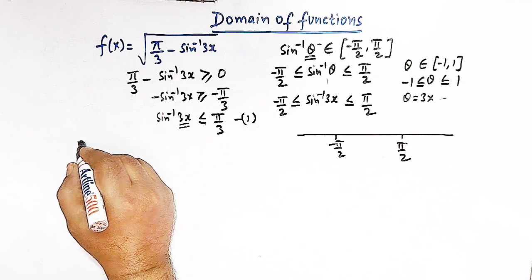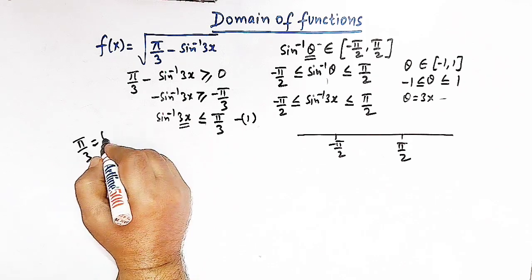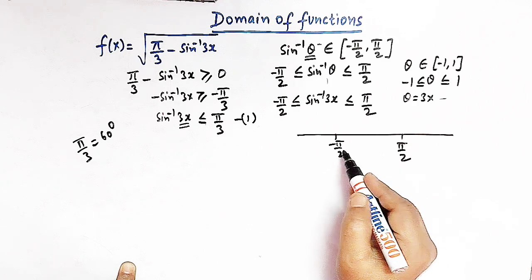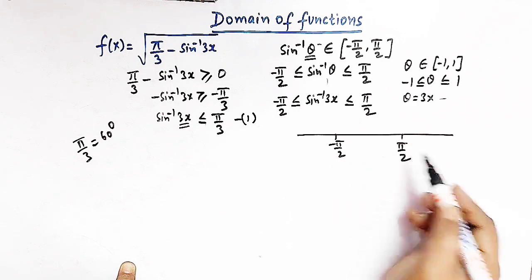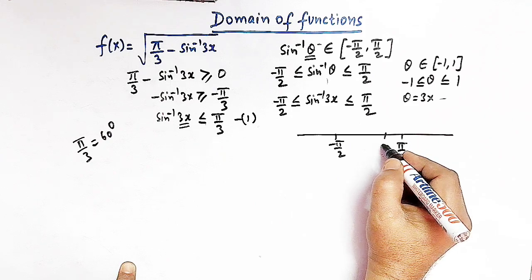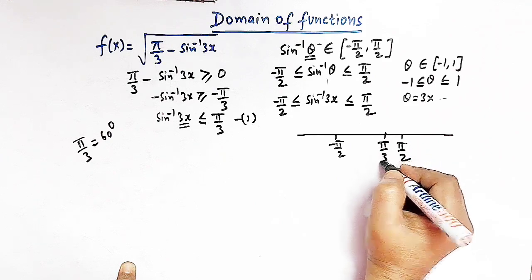Now pi by 3 is 60 degrees, right? And pi by 3 lies between minus pi by 2 and pi by 2, somewhere here.